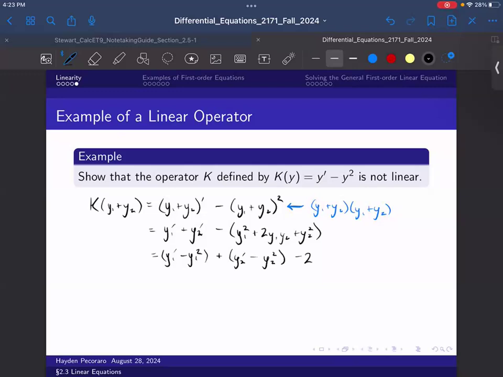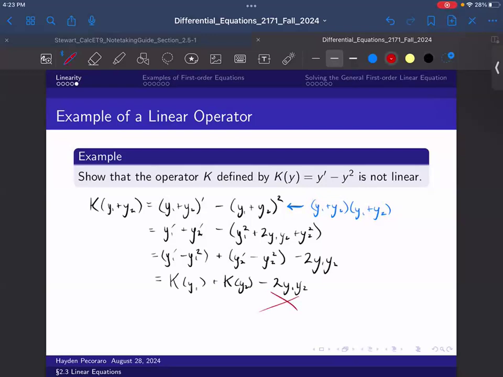Oh, but then I have this extra term that is the product of those two functions times 2. So this is k of y1 plus k of y2 minus some extra stuff, and this extra stuff makes it not linear, right?